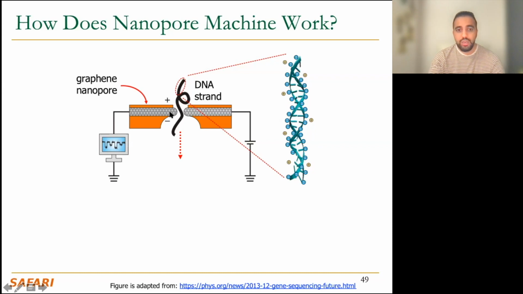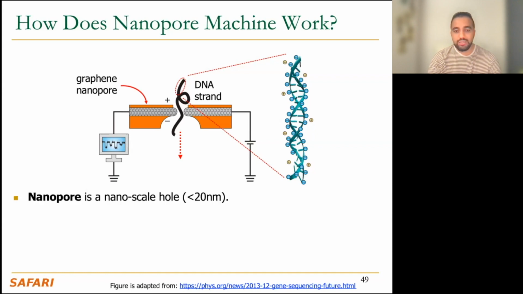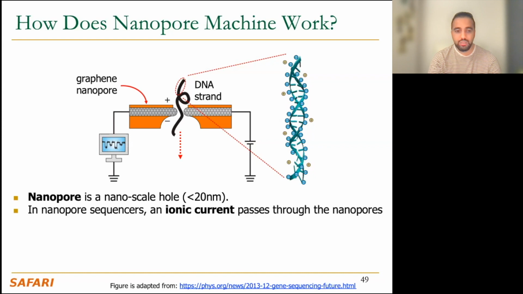Now the current will pass through the DNA strand, and the DNA will alter the phase or the amplitude of the input electrical current, and then the alteration will be observed by a sensor over there. Based on this alteration, we can know if this is adenine, guanine, thymine, and so on. A nanopore is a nanoscale hole, less than 20 nanometers in diameter. In nanopore sequencers, we use a current that passes through the nanopores.